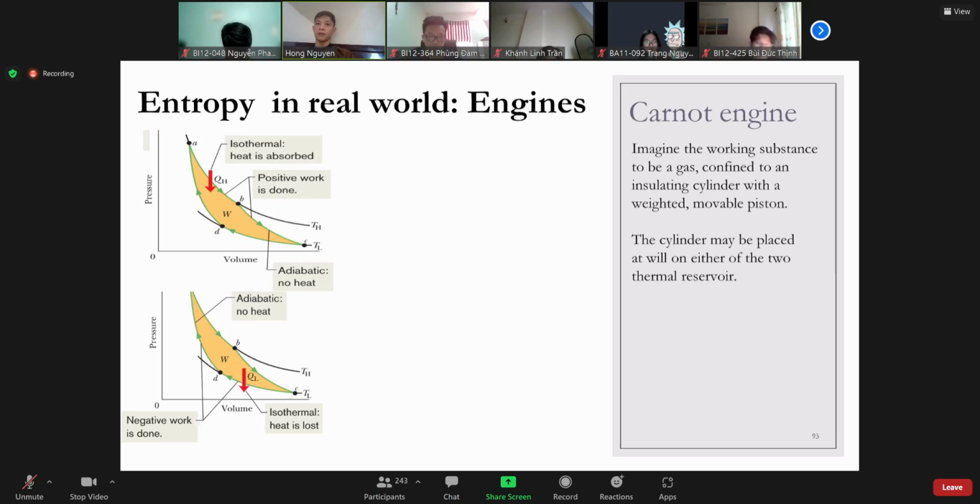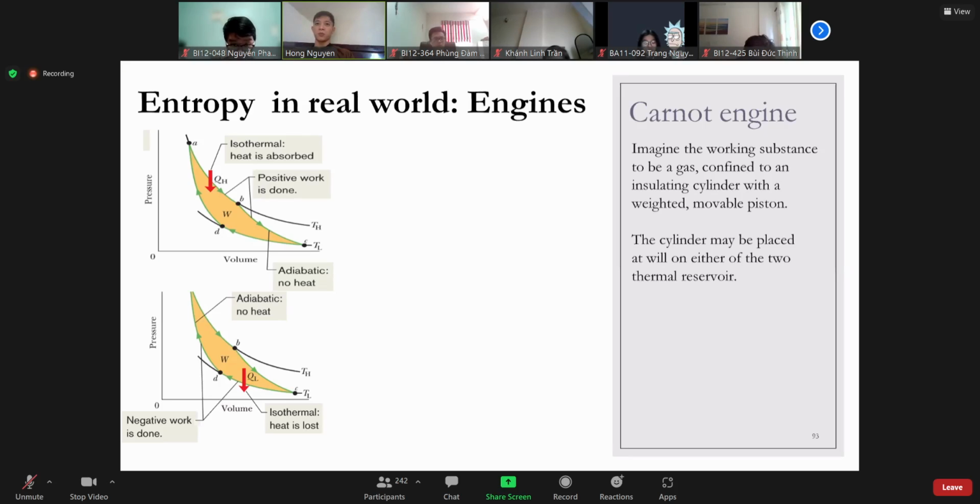What do we have? We have an isothermal expansion connected with an adiabatic expansion, connected with an isothermal compression, and then an adiabatic compression. So this is the PV diagram of the Carnot engine.